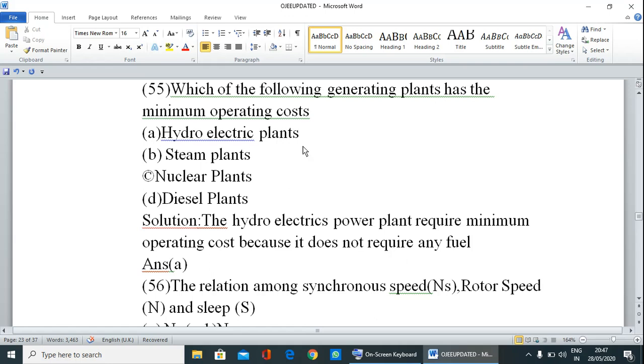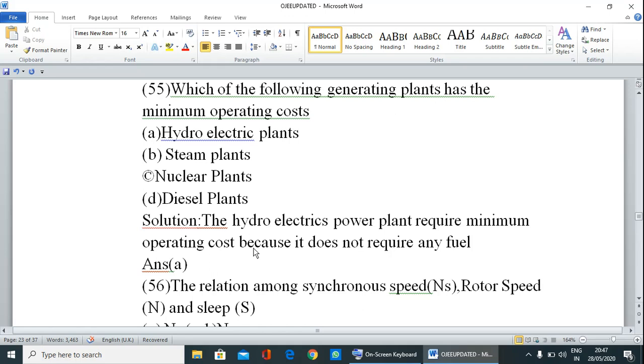But in the case of a hydroelectric power plant, no fuel is required. We are using water free of cost. Therefore, fuel cost is zero in a hydroelectric power plant, so the minimum operating cost belongs to the hydroelectric power plant.